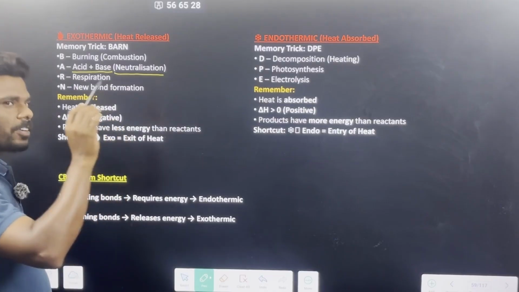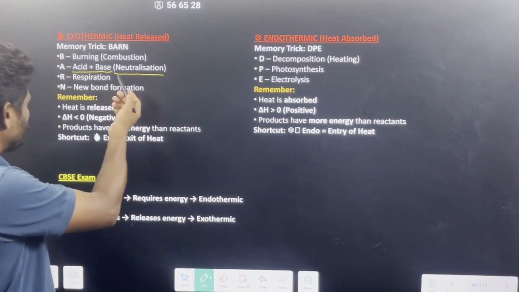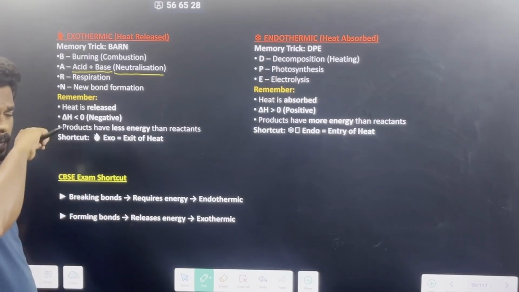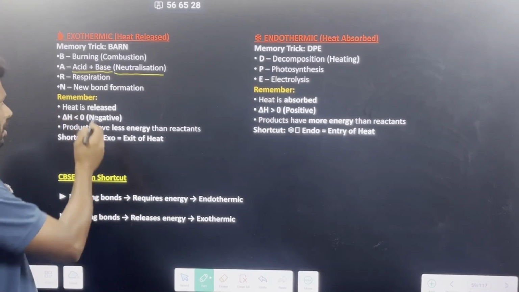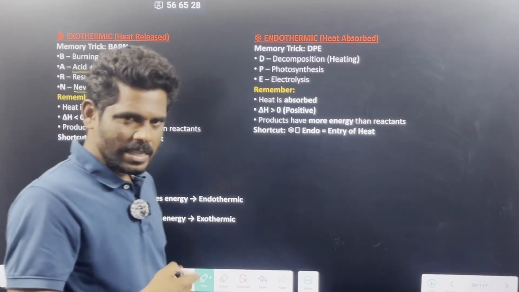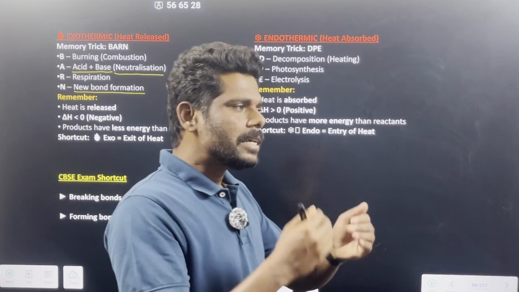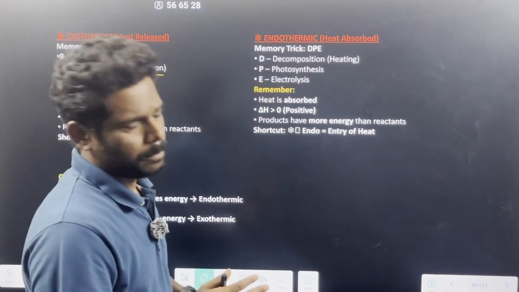The neutralization reaction is an example of exothermic reaction because heat is produced there. Respiration, obviously, we can experience it by keeping our hand near the nose. As we said, any reaction where the new bond formation is happening, definitely that comes under exothermic reaction as heat or energy is released there.